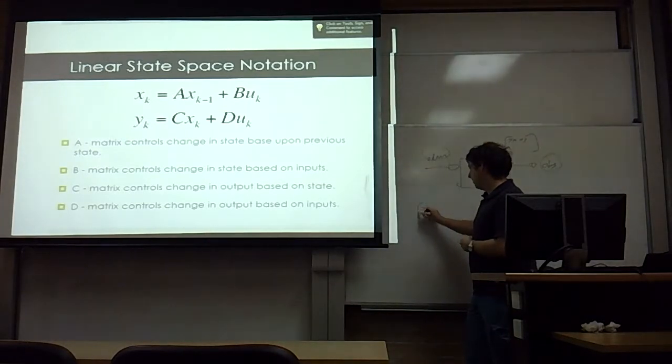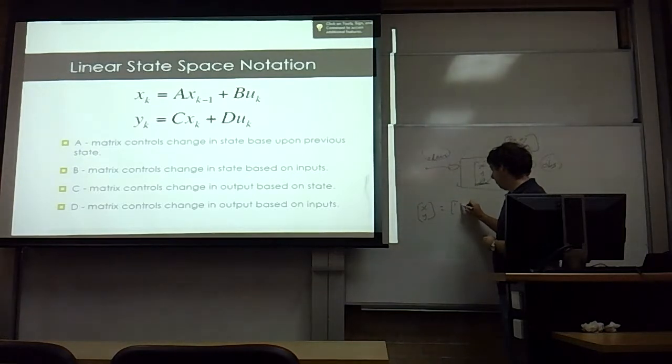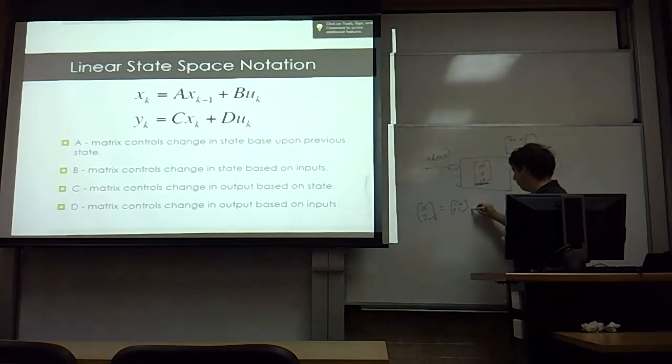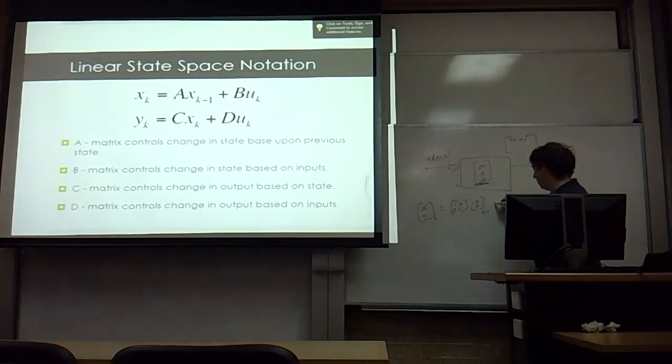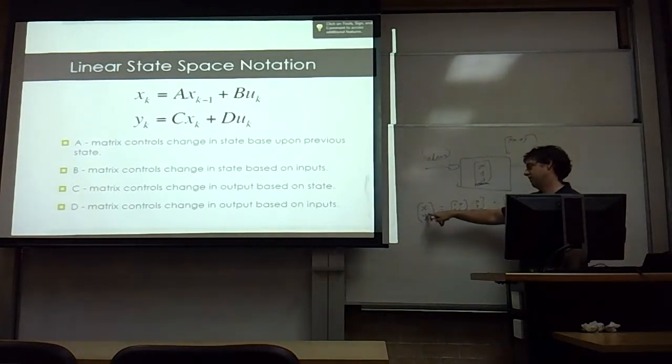A really simple example would be if you've got say 2 states here, you might have an A matrix like that. And then you've got, say, 1 input, applied to both of them. So basically all this is 2 sets of equations to find the new x and the new y.